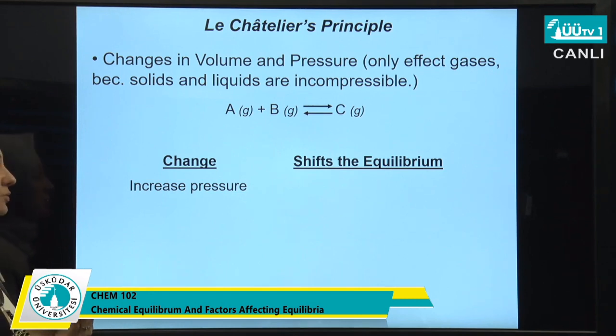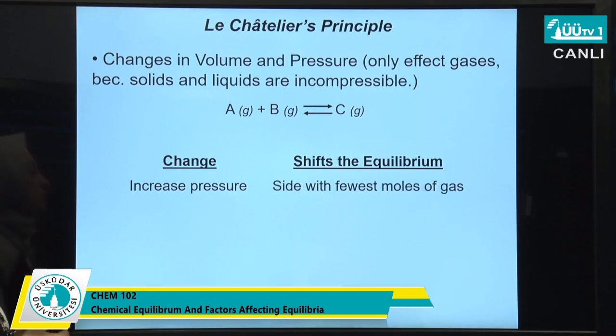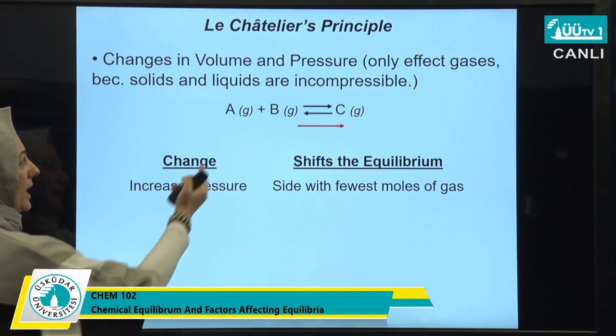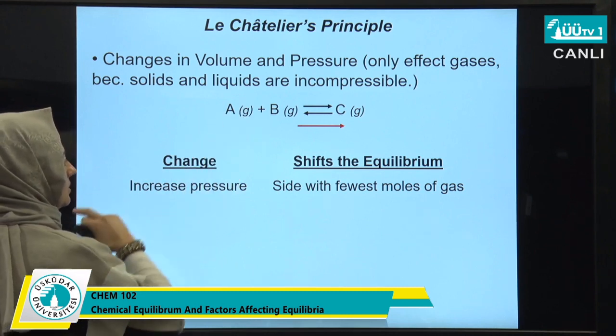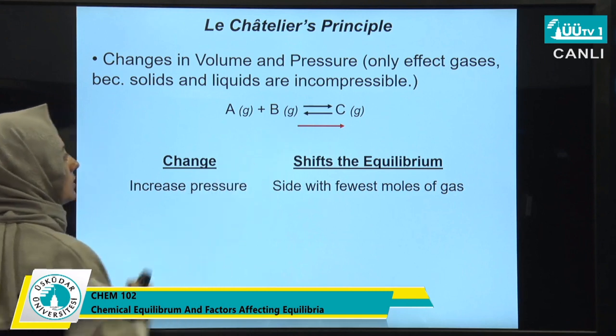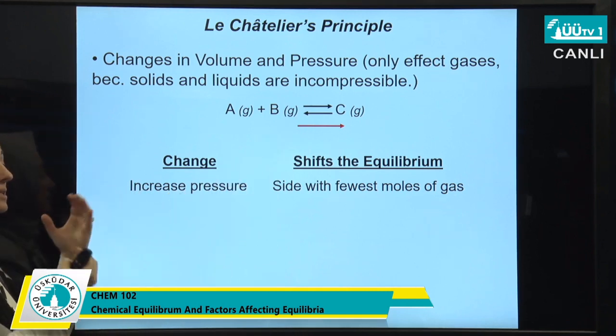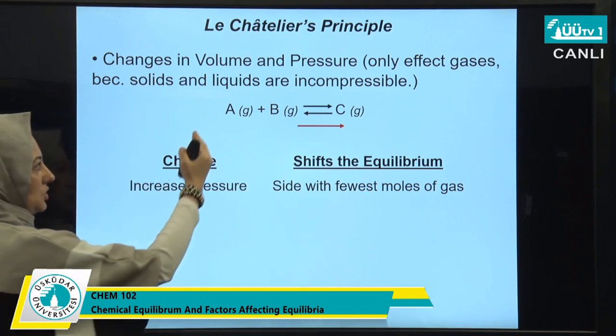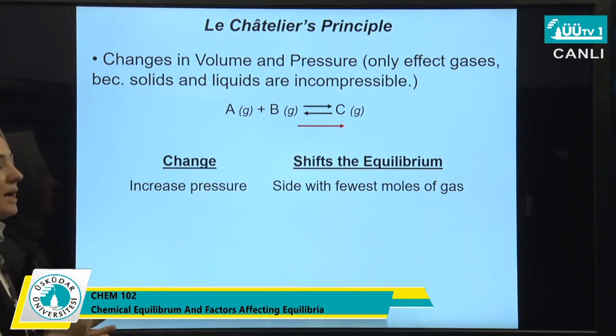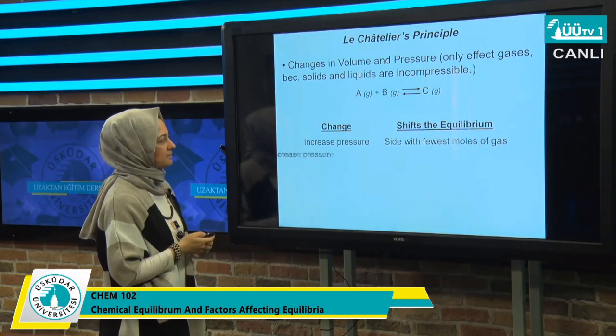It will shift to the right where there are fewer moles of gas. So this is to the right in this case, because you have 2 molecules of gas on the left-hand side, and 1 molecule of gas on the right-hand side. If you increase the pressure, the system will try to decrease it by shifting to the side where there are the fewest moles of gas.